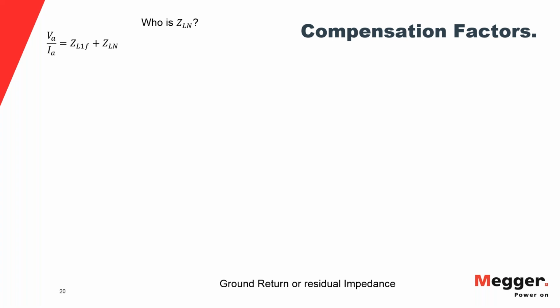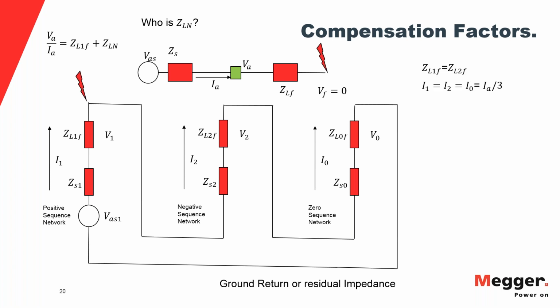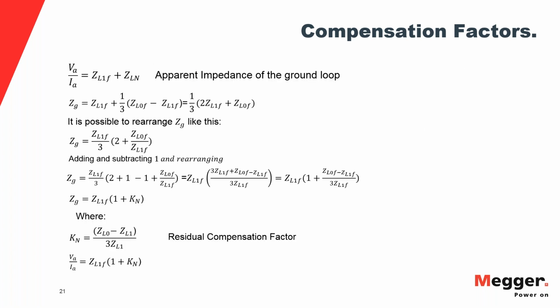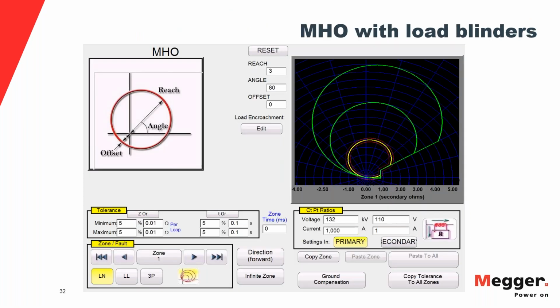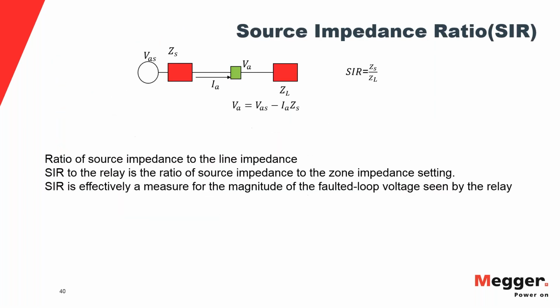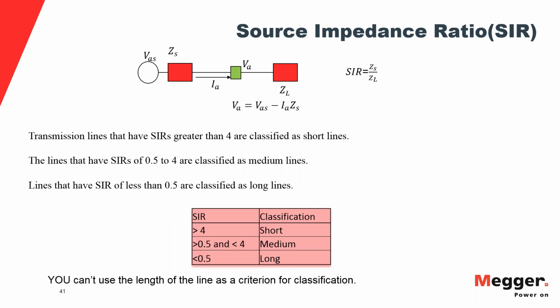If you remember the value of the SIR that we were looking at, we mentioned that when the SIR is higher than 4, that line should be considered short, and instead of using distance protection, you can think of going with line differential protection.